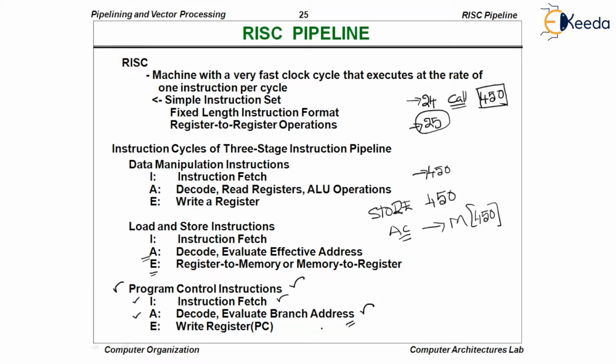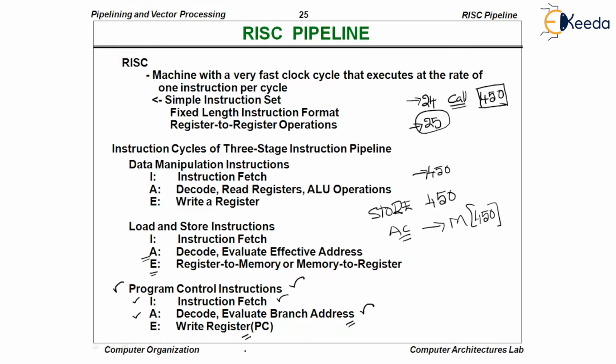Finally, a branch will be taken, after which the program counter value will have to be saved. Do you know why we need to save a program counter value whenever we take a branch? Because when we call a subroutine, right after the execution of the subroutine, we should return back to the calling routine. In order to get back to the calling routine, we should be able to save the program counter value. So here, the program counter value will be saved.